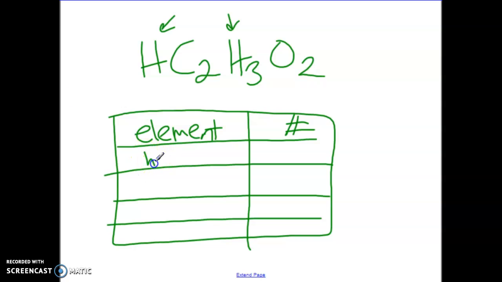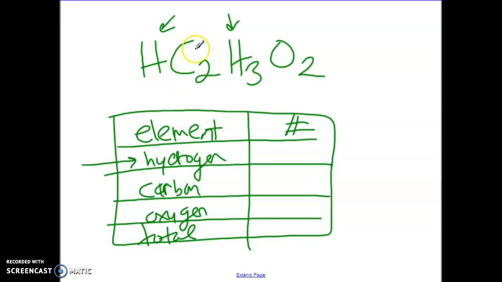So here, this would be hydrogen, carbon, oxygen, and then the last row I think is done for you. It says total. So hydrogen does not have to be written twice, right? So here, this would be a 1 plus the 3. So this would be 4 total. Carbon is at 2, oxygen is at 2.